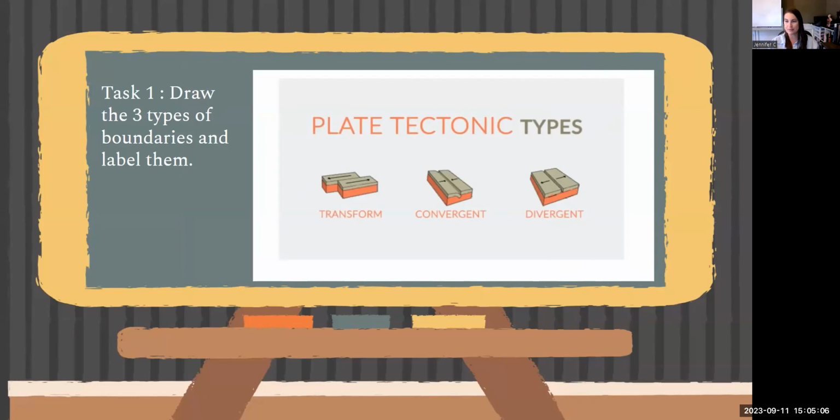It doesn't have to be perfect. Don't worry, you can just use your arrows. So for transform, those arrows are going different directions. For convergent, the arrows are coming together. And for divergent, they're going apart. And if you need to pause this video, that's fine.